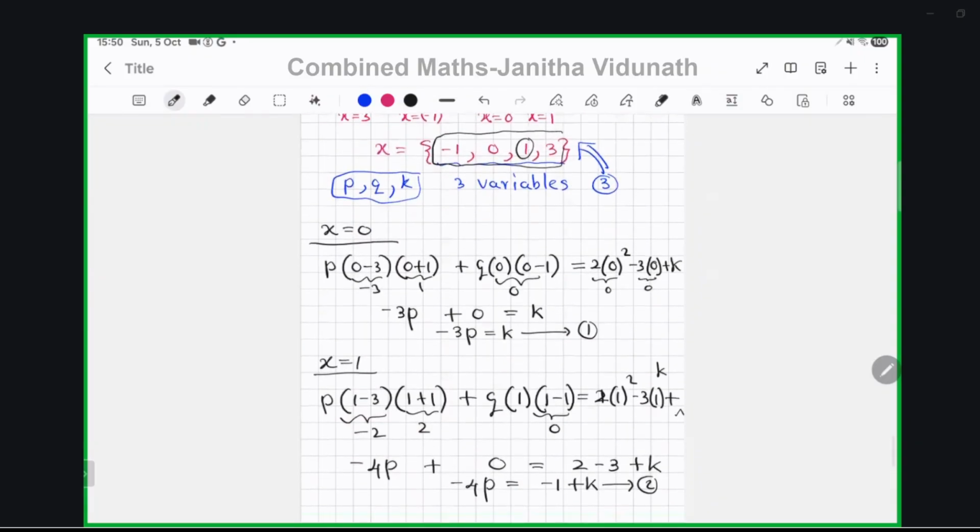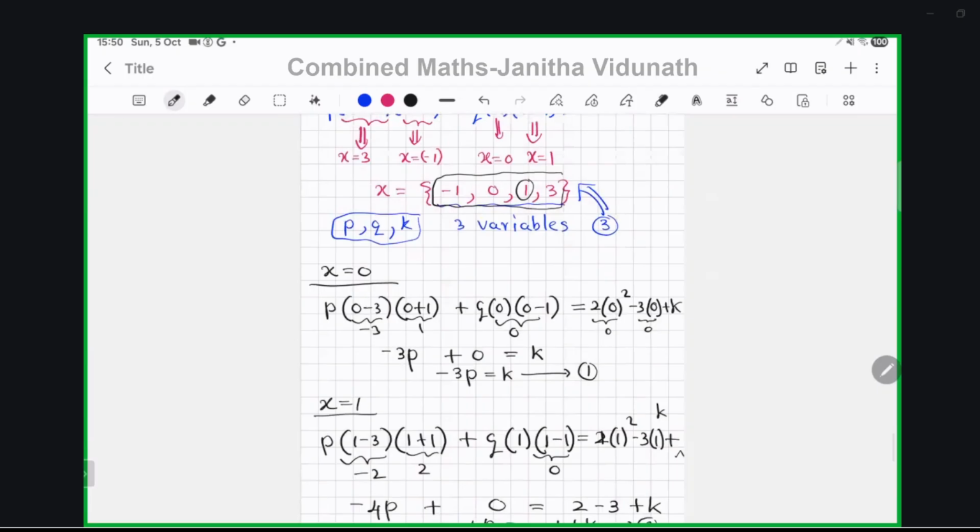Now we can pick either minus 1 or 3 for finding our next equation.